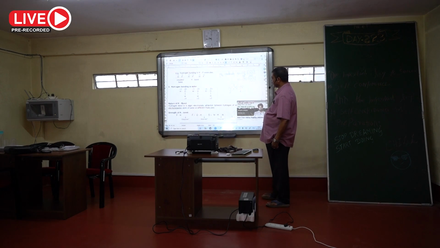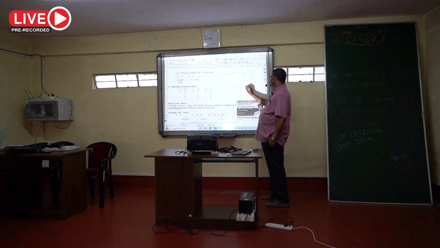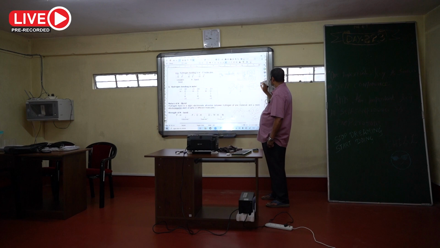So 3 plus 3, 6 electrons become 3 pairs. Now the two nitrogens are held by a triple covalent bond.